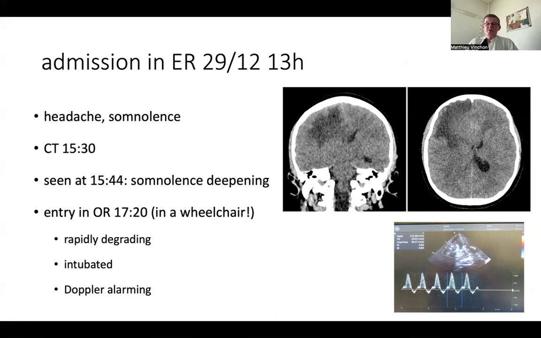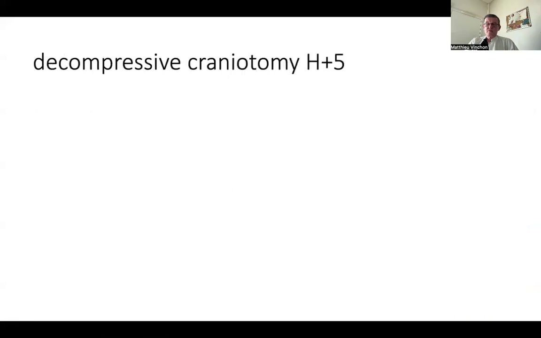He had a CT scan which showed very severe brain edema with mass effect, and he was showing increasing somnolence. And we decided to do emergency craniotomy. He arrived to the OR at 5:20. The transcranial Doppler done just before surgery showed severe reverse flow, and he was operated at 5 hours after admission.